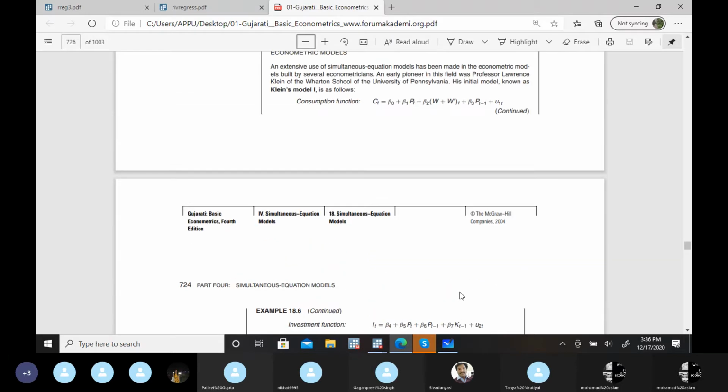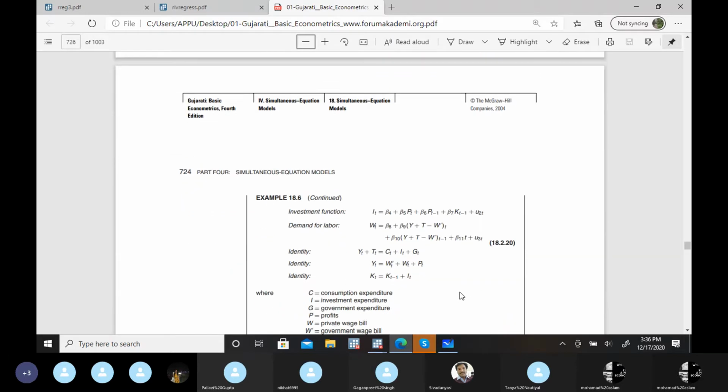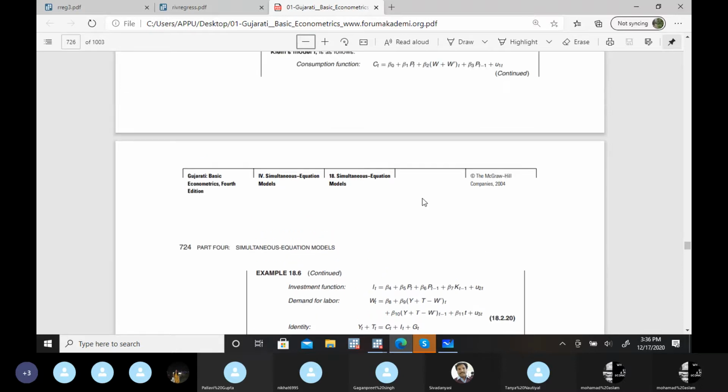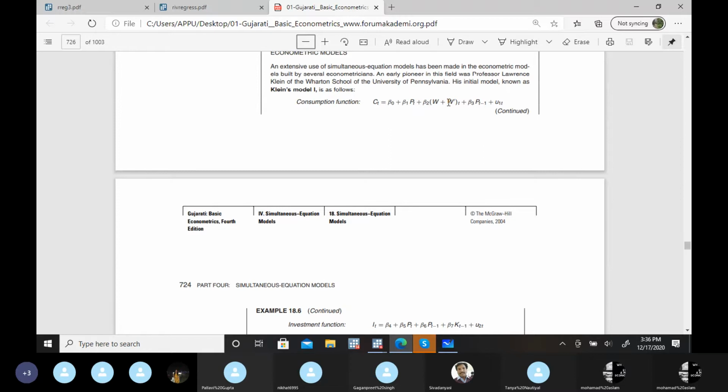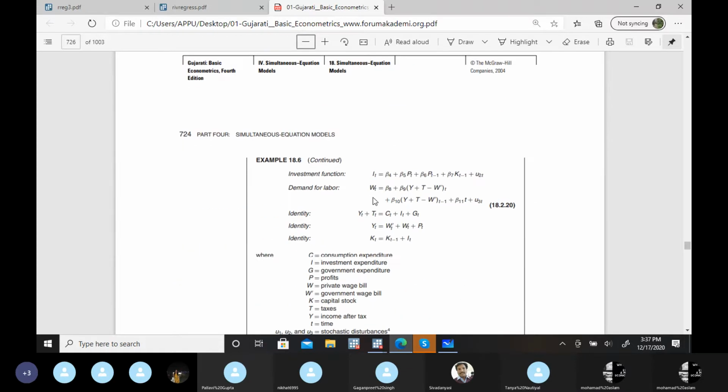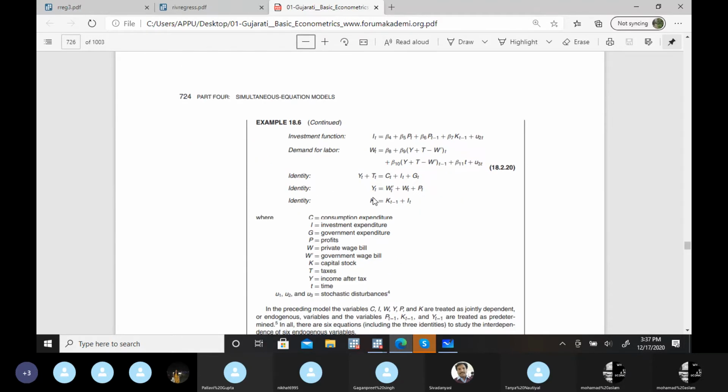Although government expenditure, yes Pallavi, I think government expenditure is also one. The thing is that in this particular case, you have to keep W plus W' as a single variable and count it as one variable in this equation. Similarly, for this wage equation, it's the total wage, I guess W t.